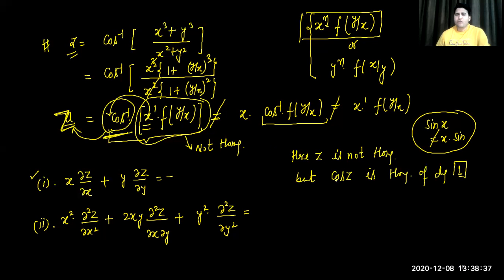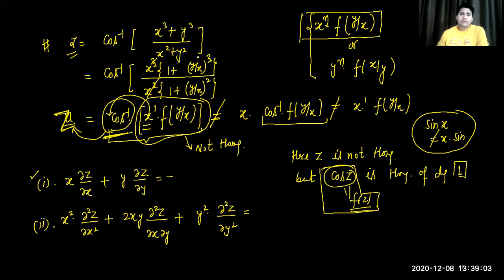It means what is our f(z) over here? This will be the f(z) that we must have. Z is not homogeneous and f(z) is homogeneous. So in the problem, f(z) will be cos z. This is very important, students: how to identify f(z) or f of u.